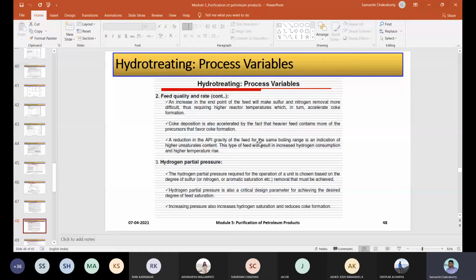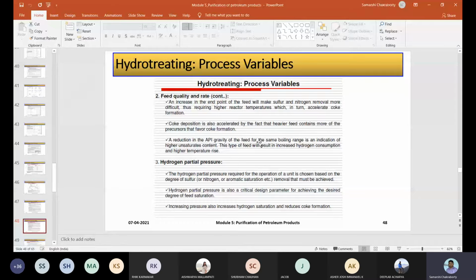Coming to the hydrogen partial pressure: the hydrogen partial pressure required for operation of a unit is chosen based on the degree of sulfur, nitrogen or aromatic saturation. The hydrogen requirement is dictated by the product quality itself, for example whether your product has a very high percentage of sulfur, or higher molecular weight sulfur.